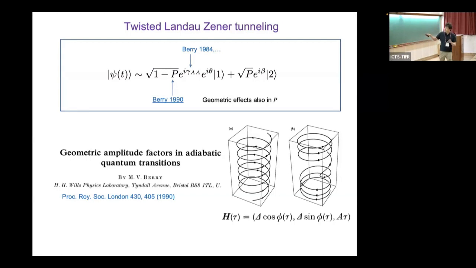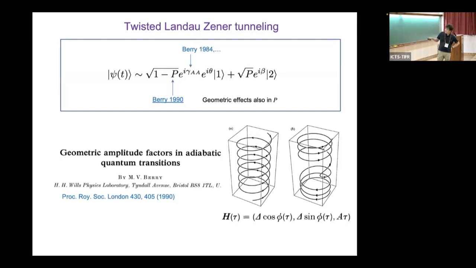But then if I start to make this field faster and faster, then I'll start to have some transition to the excited state. Let's say that's 2. So 1 to 2. Then I have the square root of P and square root of 1 minus P, where this P is the tunneling probability. And then Berry found out that even inside this P, the tunneling probability, there are some geometric effects.